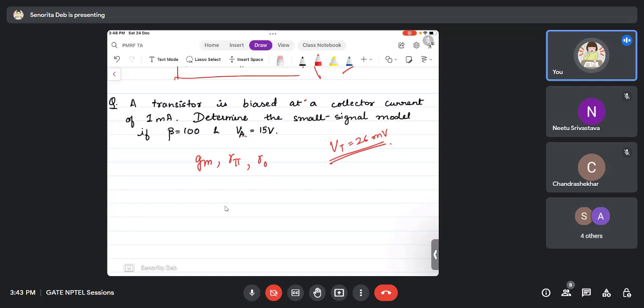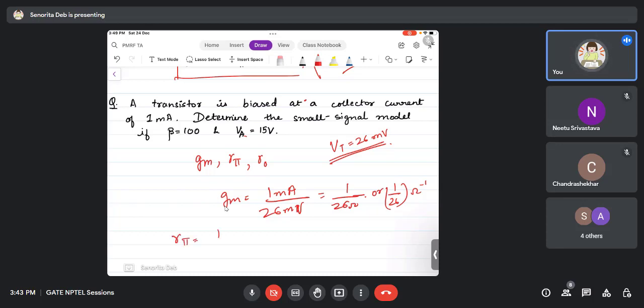So what will be GM? GM is nothing but IC, which is directly given as 1 milliampere, divided by 26 millivolts. That is 1 by 26 ohm inverse. Please mind the units. What is R pi?